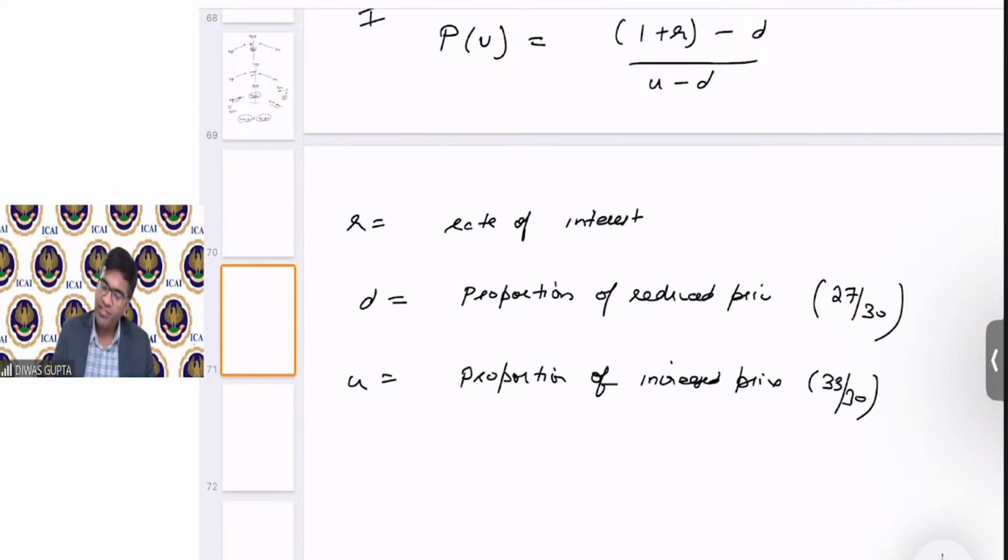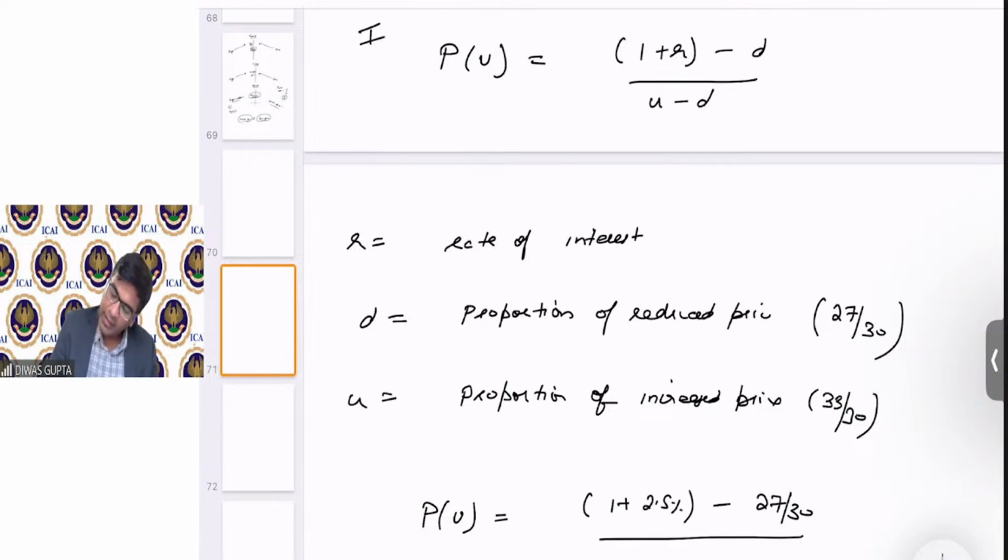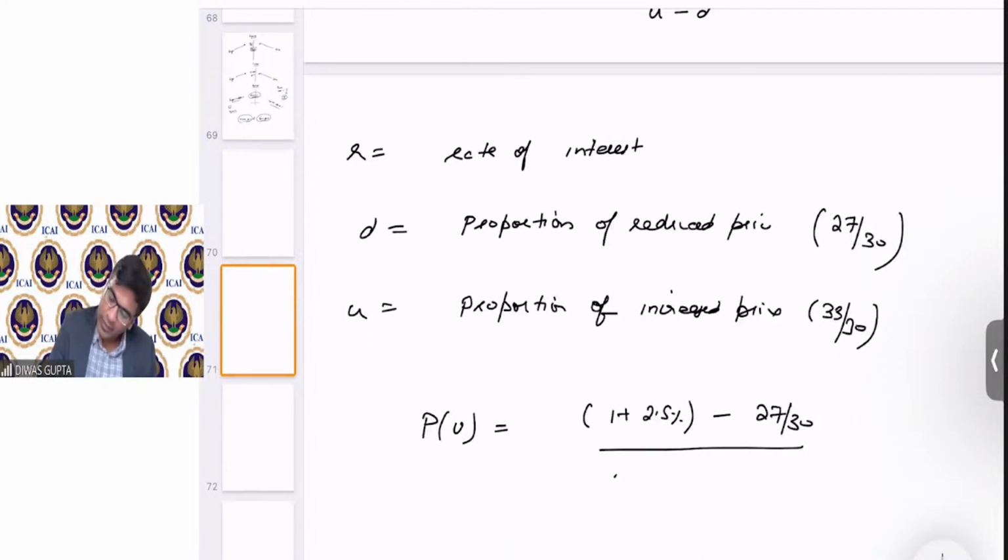That's all. So if we put the values here, the probability of going up will become (1 plus 2.5 percentage minus 27 by 30) divided by (33 by 30 minus 27 by 30).